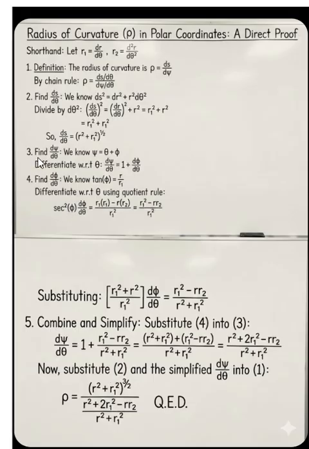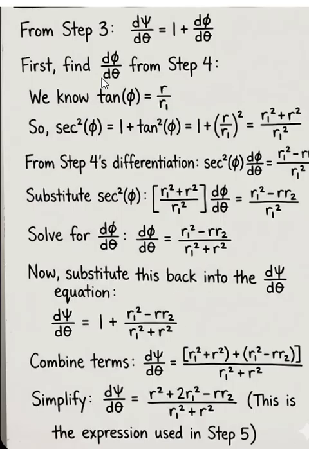These steps come after the third step, you should understand. Once we know that tan phi is equal to r divided by r1, we already know the formula sec square phi is equal to 1 plus tan square phi.